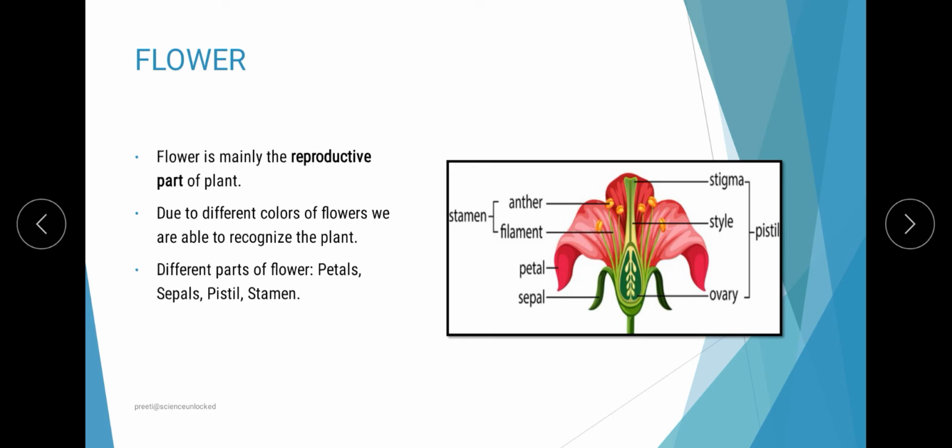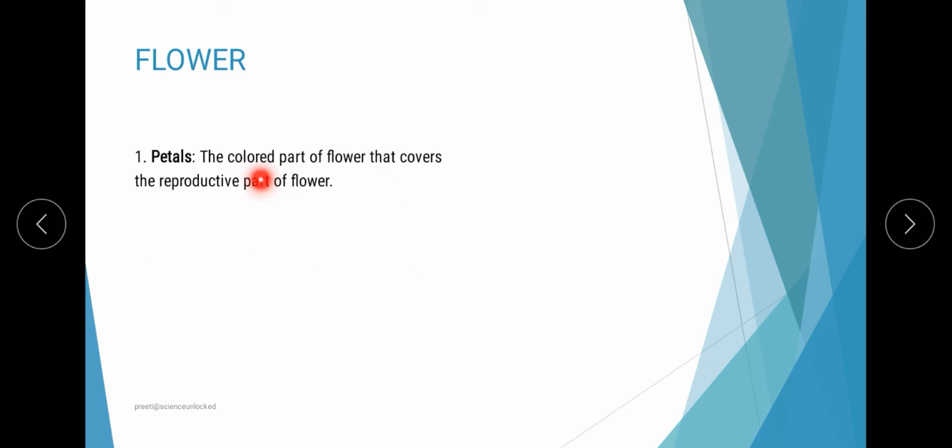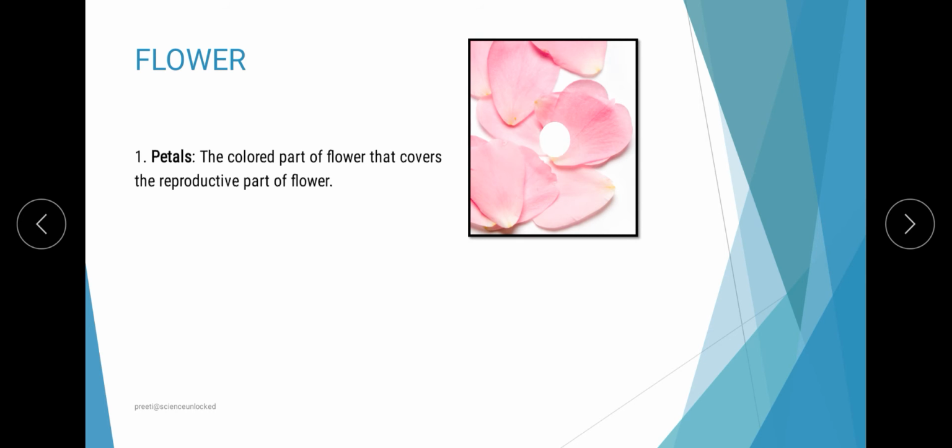But let us see what exactly their importance is and how they are arranged in the whorl of the flower. The first thing is the petals, which are the colored part of the flower, covering the reproductive part, that means providing protection to the plant.